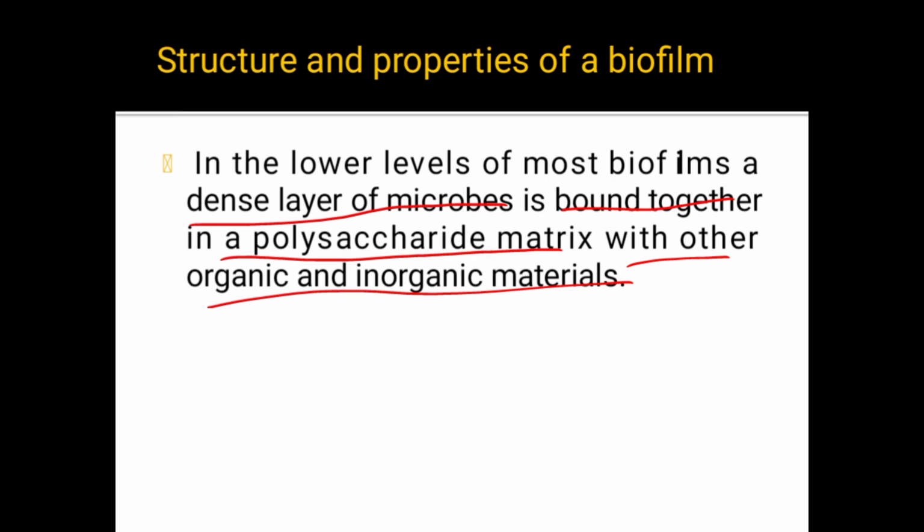That was organic. In inorganic, we have calcium phosphate and fluoride ions. So now you understand that the lower levels consist of very densely packed microbes, bound together in a polysaccharide matrix with other organic and inorganic materials.